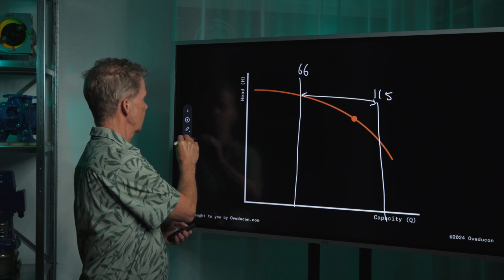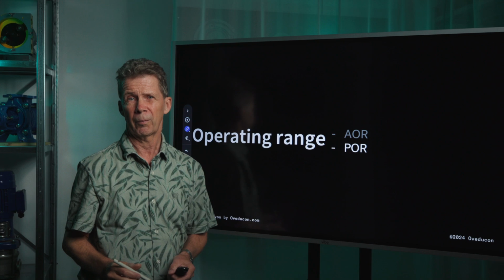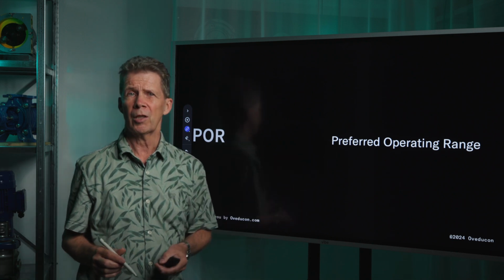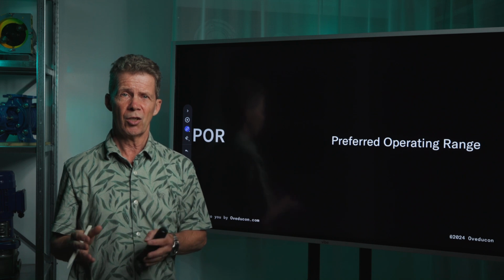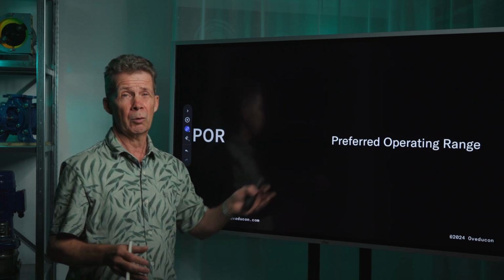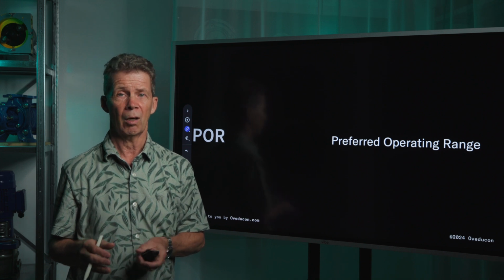If you want to do a better job, then you go for POR. POR stands for Preferred Operating Range. Pump manufacturers and experts in the field advise you to size and operate your pump in the POR region to optimize the mean time between failure of your pump.